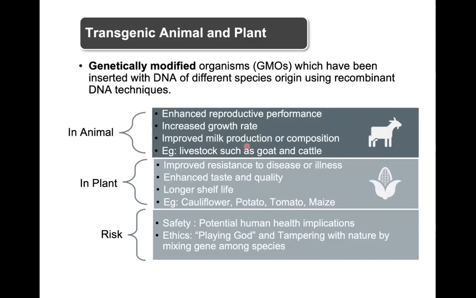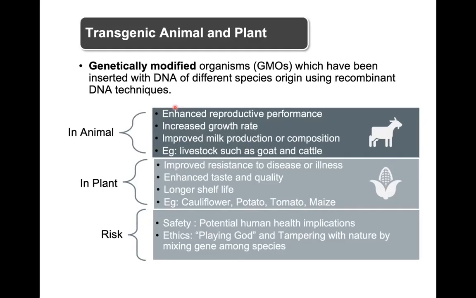Okay. So these are examples of transgenic ini, enhanced reproductive performance, increased growth rate, improved milk production or composition, and the implants longer shelf life. But there are risks because takut nanti kita manusia kan, kita selalu lupa in terms of ethics tu, maksudnya you dah boleh alter the organism, you ingat you are playing God.